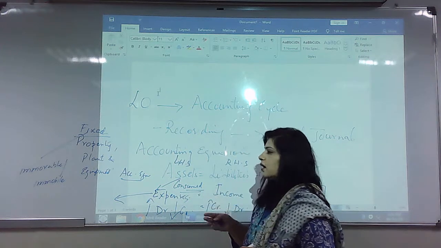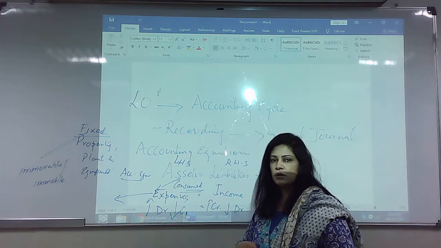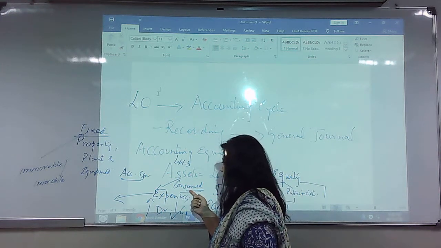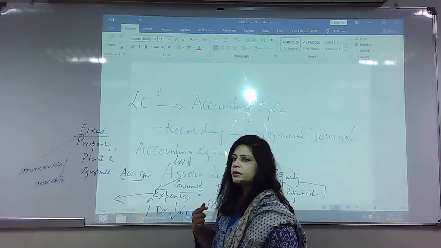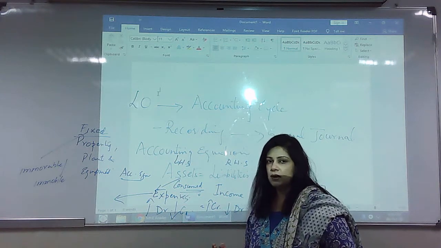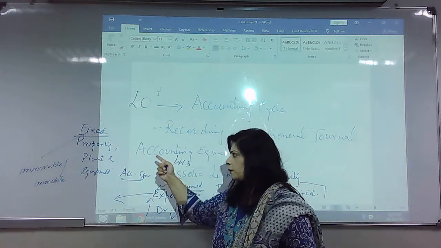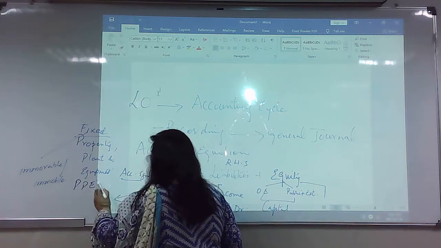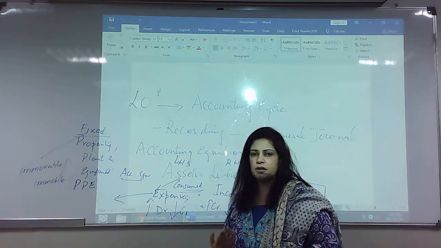They are losing their value and their capacity, and their efficiency goes down with the passage of time. So we need to either repair them or replace them. But our accounting rules suggest that we need to replace the assets after a period of time. And for immovable assets like fixed property, plant, and equipment, which is in short written as PPE, we say that they could take maybe 25 years, sometimes 30 years, 20 years.